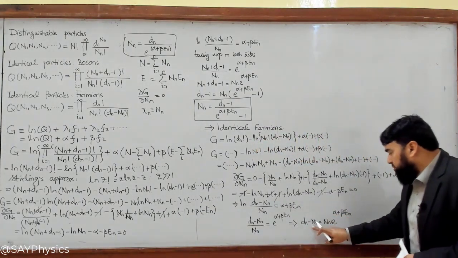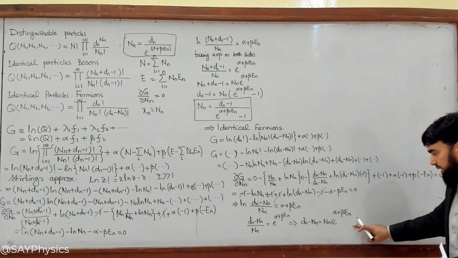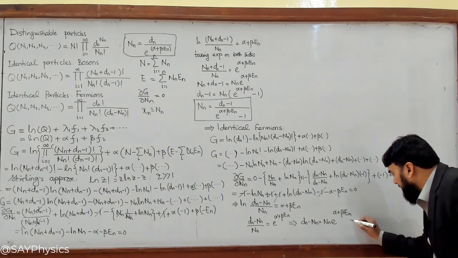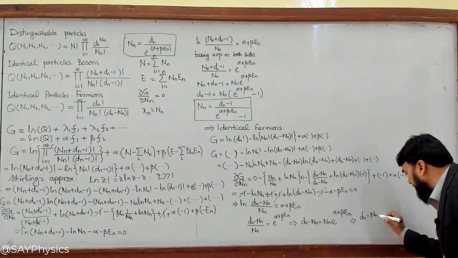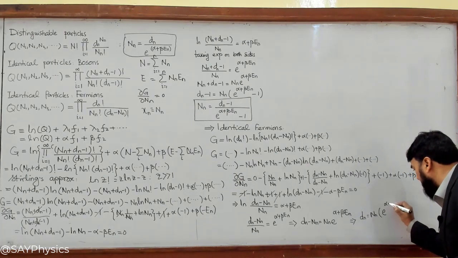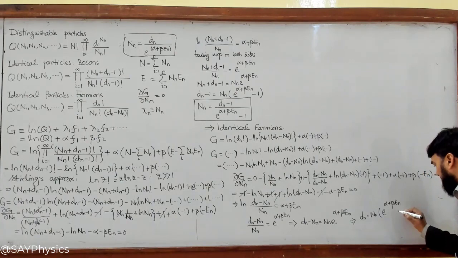And now if I move this nn on this side and I take nn as common, then it will imply that dn is equal to nn as common, e to the power alpha plus beta en plus 1.